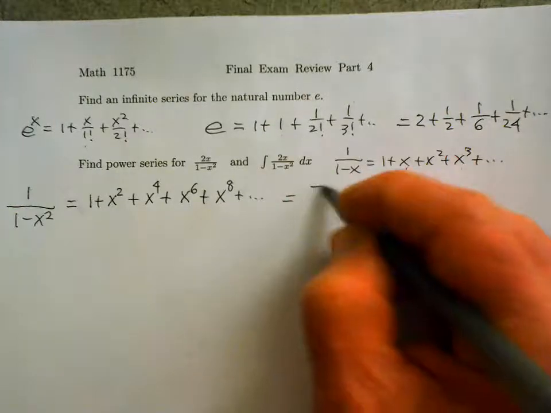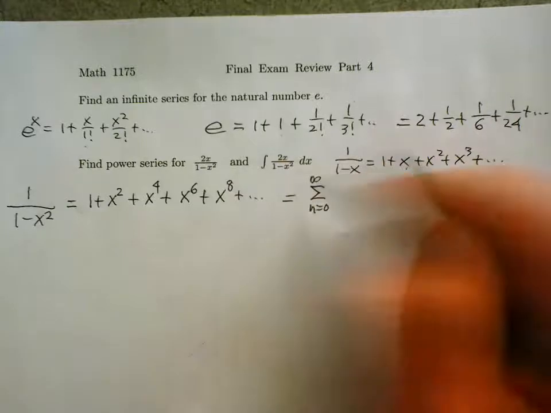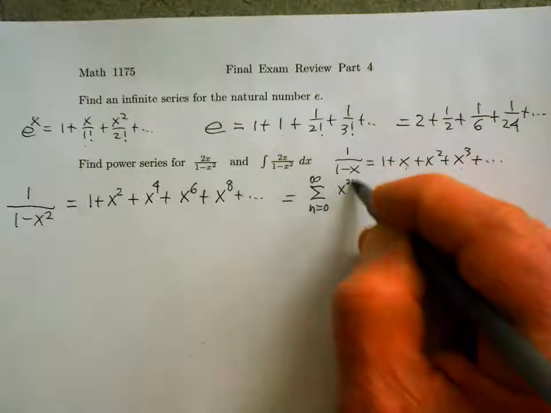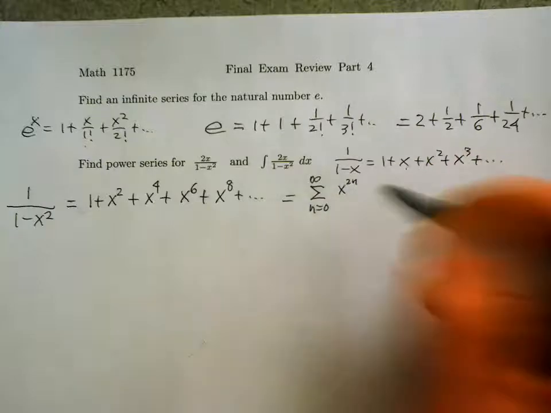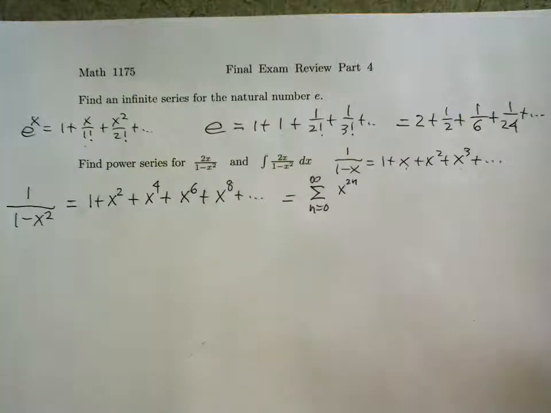So if you want to write the sigma notation starting at n equals 0, then the terms are x to the 2n, and that's it.